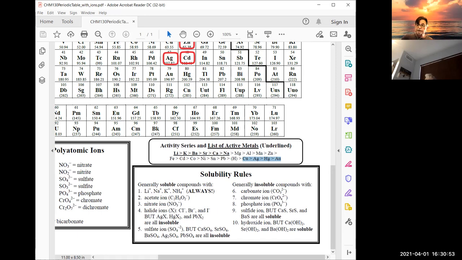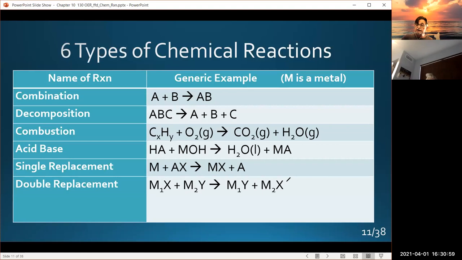So for a double replacement reaction, we use the solubility table. If one of the products is insoluble, then a reaction occurred. If both products are insoluble, then there'd be no reaction. Only when one of the new products is insoluble do we get a precipitate.